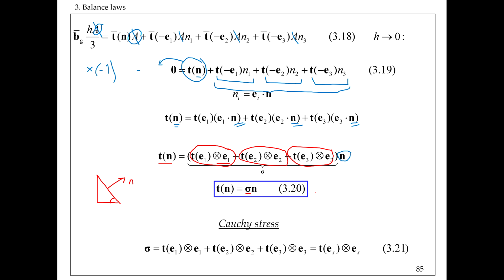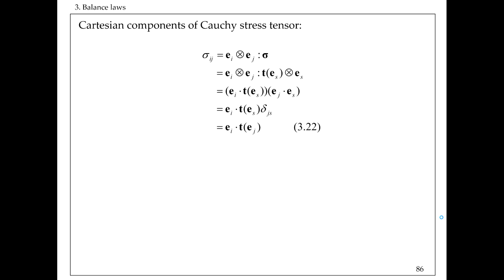So let's look a little bit more into this Cauchy stress tensor and see how it looks, with just an illustration of that usual cube and the different components of the Cauchy tensor.